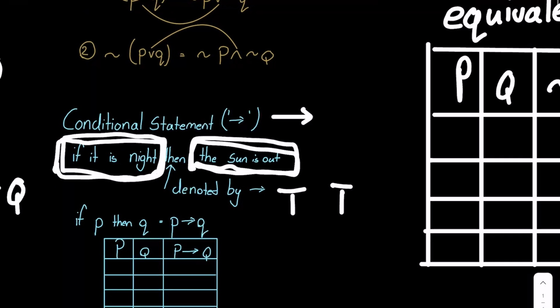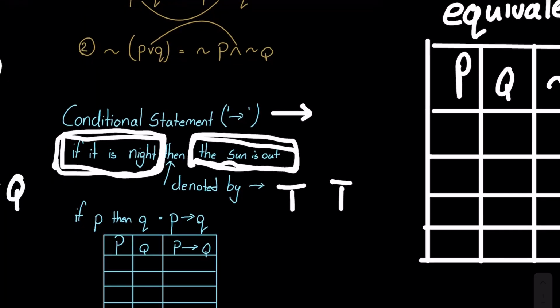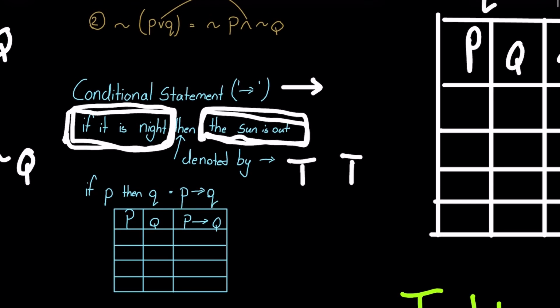Okay, so let us move to the truth table. So again, we're going to want to try to fill in this truth table. So now we're looking at this and we see that there are two propositions, okay? So we know to fill out P by doing T, T, F, F. And for Q, since it's the second column, we have T, F, T, F. So P then Q. Now let's try to reason this out for this one.